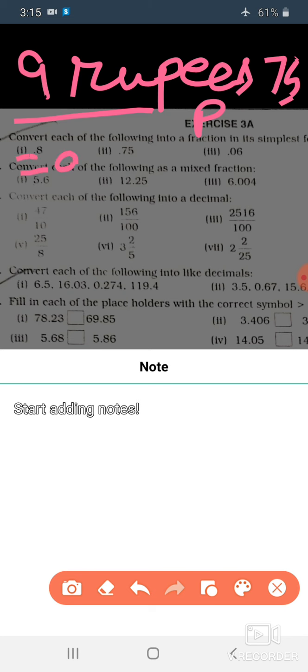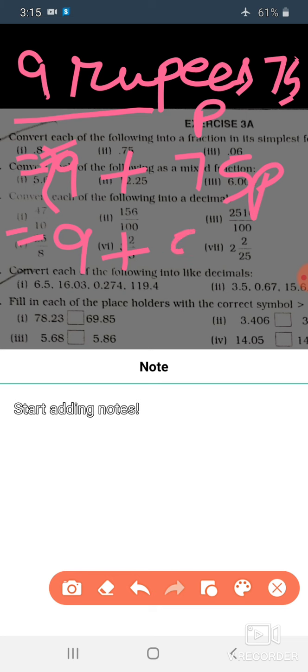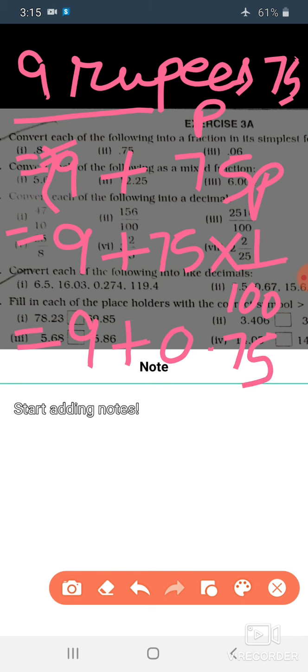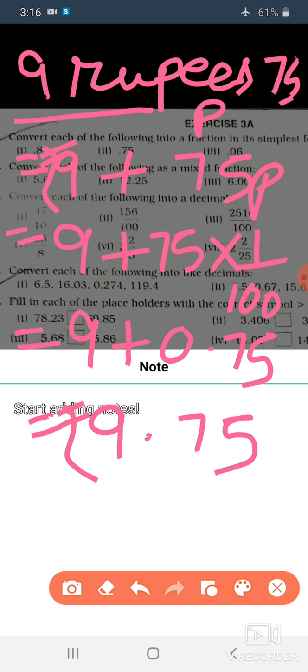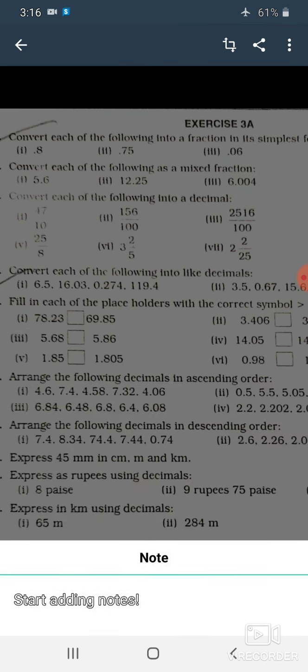We just need to write in this way, 9 plus 75 paise. 9 plus 75 multiplied by 1 by 100. 9 plus 0.75. You must be knowing how we have converted 75 into decimal. 9.75 rupee. Fine, solve the other question of question number 9 yourself.